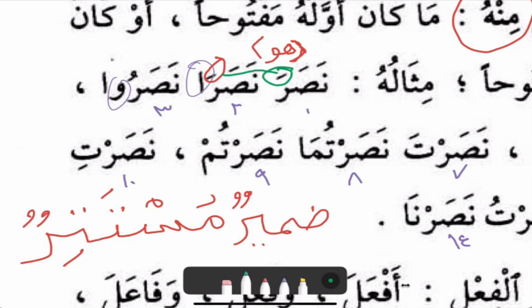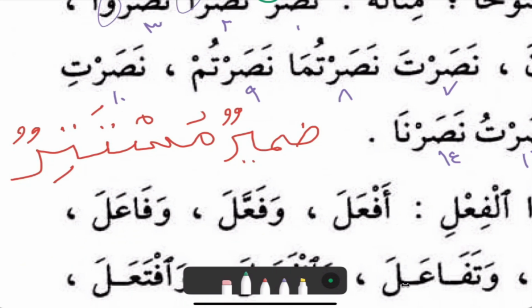Nasara, فعل ماض, past tense verb, مبني على فتح ظاهر, built with an apparent fatih. والألف ضمير, and the alif is a pronoun, متصل, a connected one. Instead of mustatir, متصل.